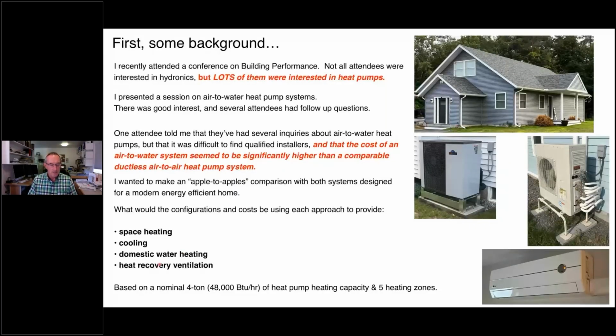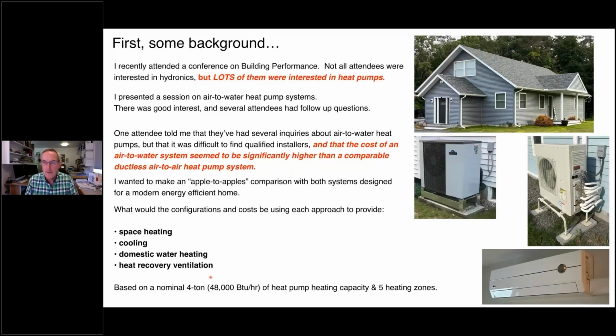This is really a complete HVAC package for a modern new construction house, especially houses being built for net zero or to passive home standards. Very tight, with very minimal amounts of uncontrolled air leakage through the building envelope. And I based it on a nominal 4-ton heat pump system and 5 heating zones. So that's the context in which we're going to develop these two different approaches.